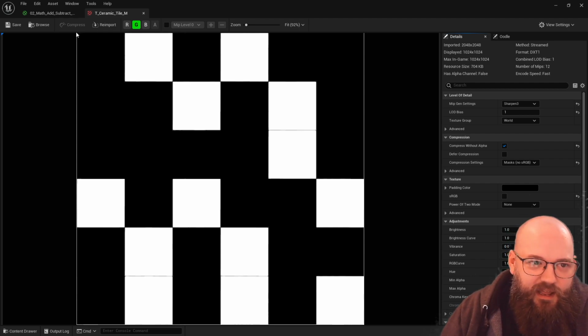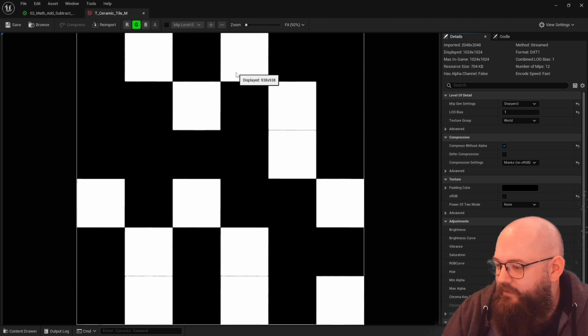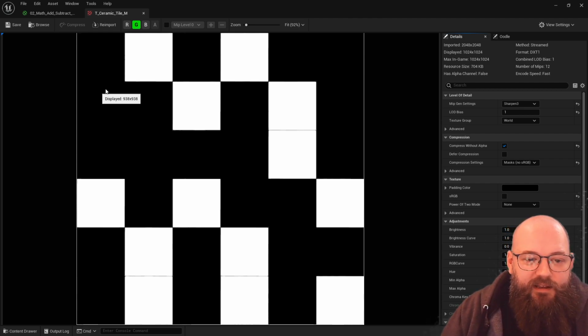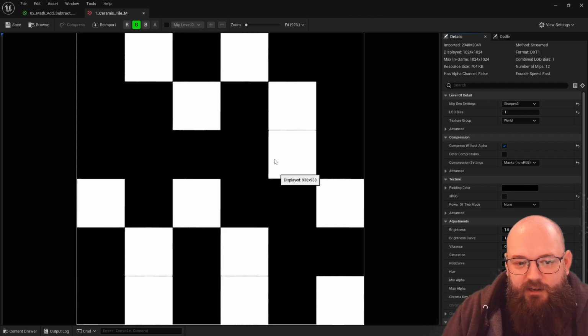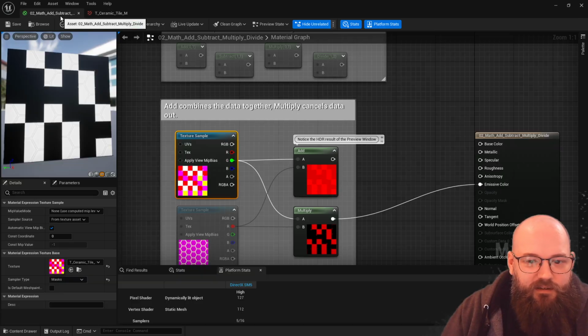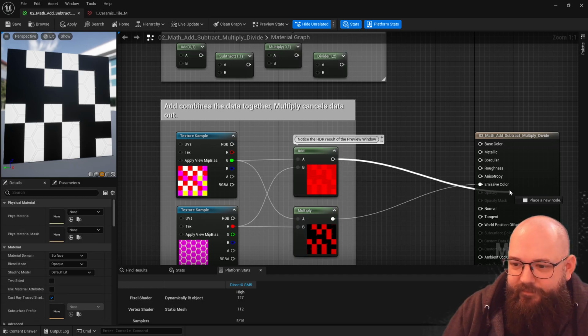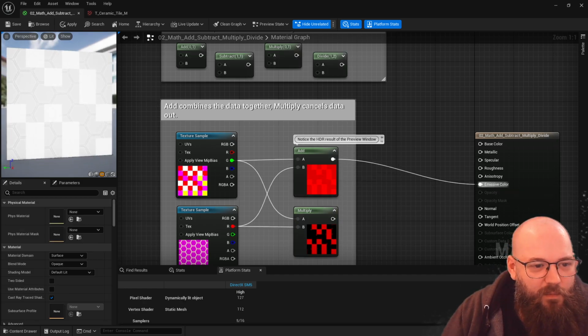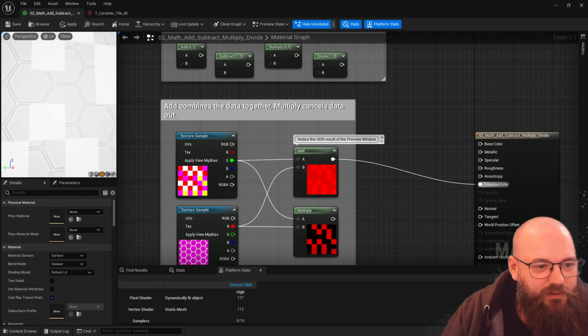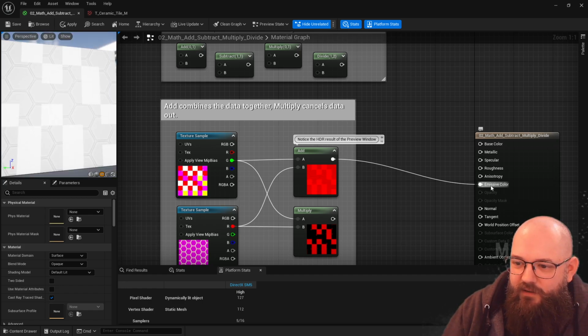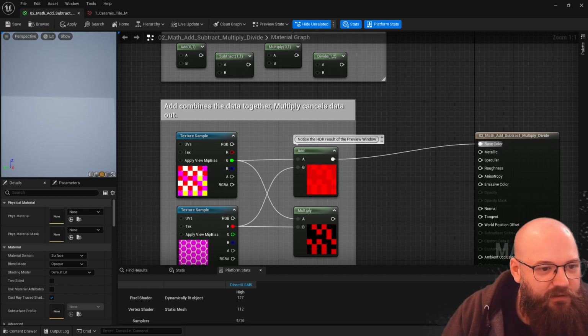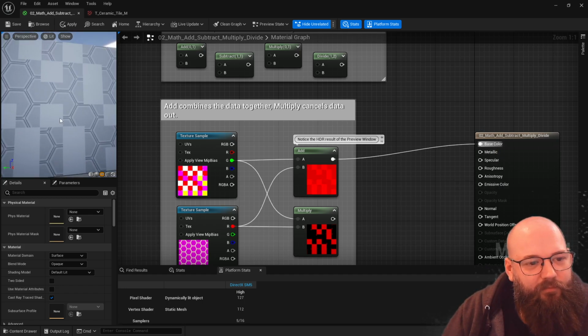If we're adding, it's going to add the pixel to the corresponding pixel in the other texture, black being 0, white being 1, and it's just going to combine those together either by adding them together or multiplying. Hopefully when we're making materials and actual examples, it should be obvious which one we're using at the time.